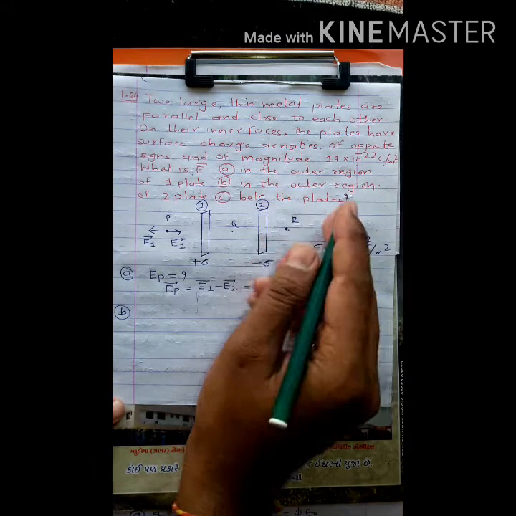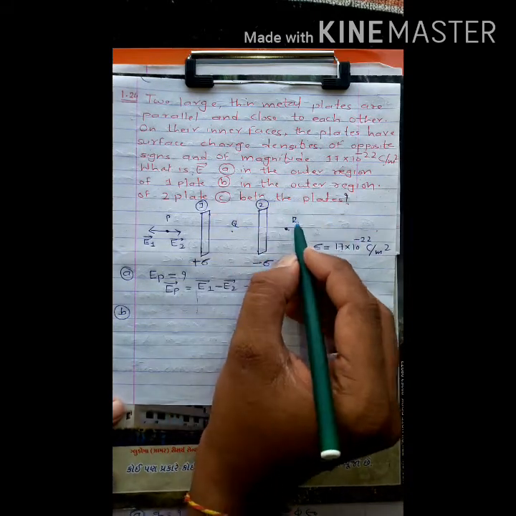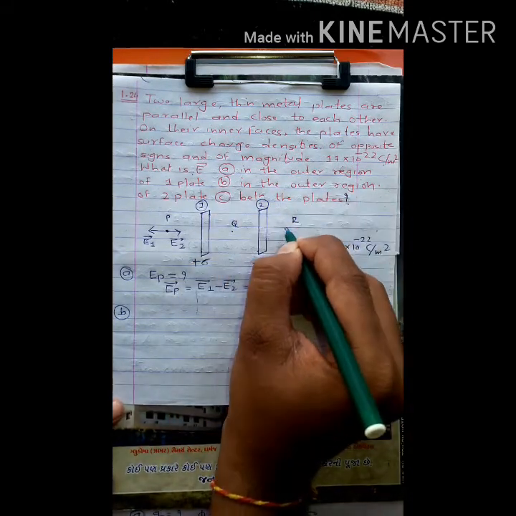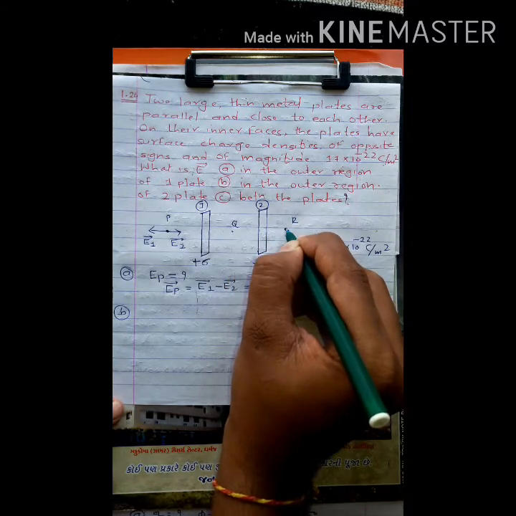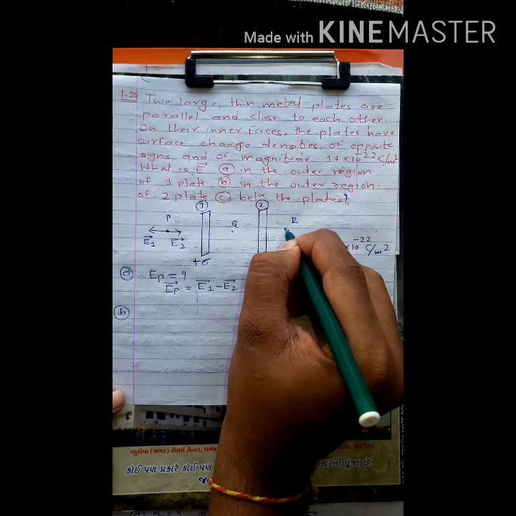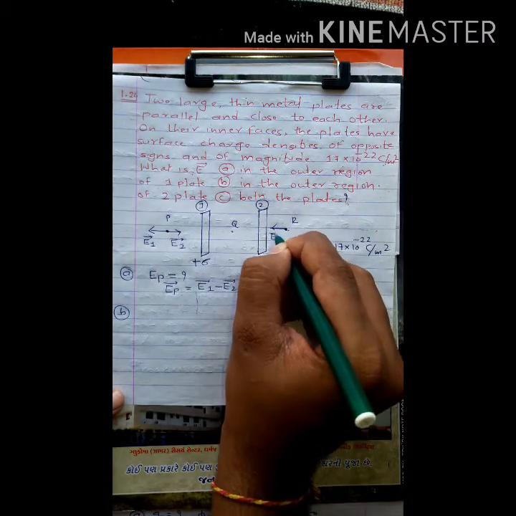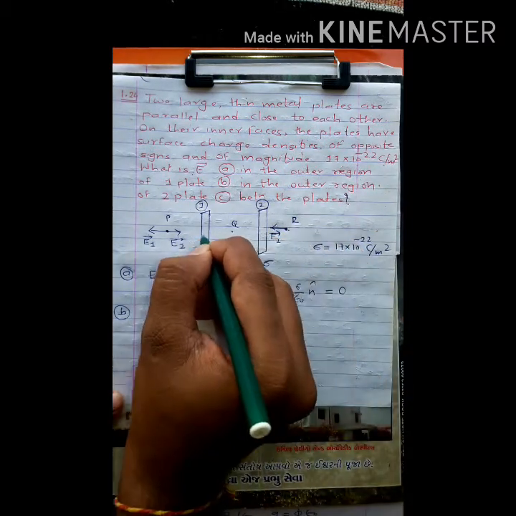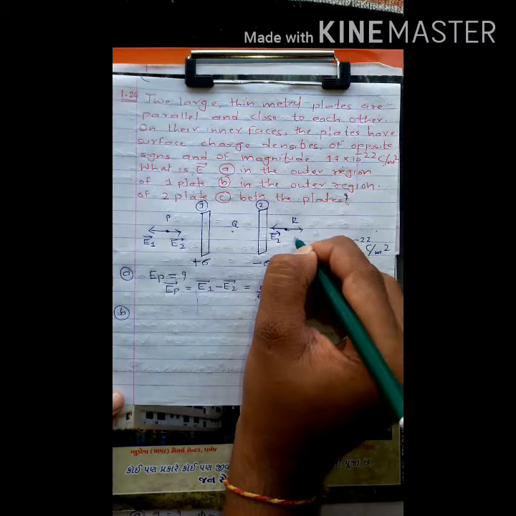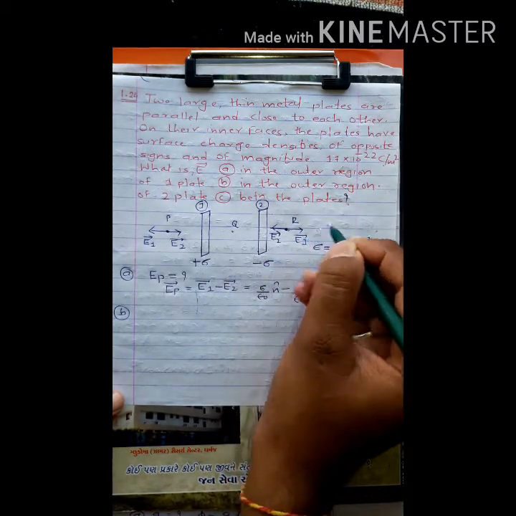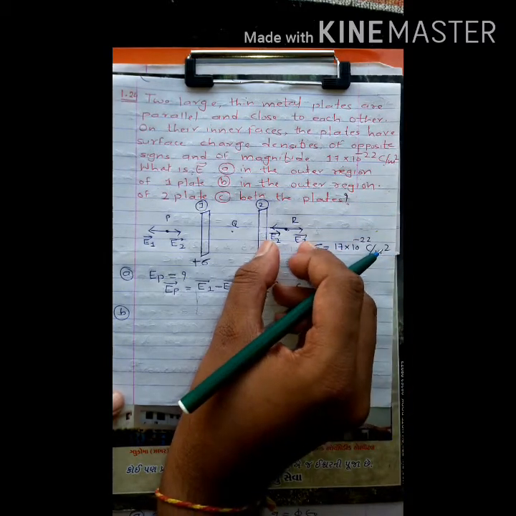Now B, at R point, in the outer region of second plate, same situation arises here. Electric field produced by second plate, this is the direction of electric field produced by second plate towards plate, vector E2. And similarly electric field produced by first plate at this point is vector E1. Both are equal in magnitude, opposite in direction.